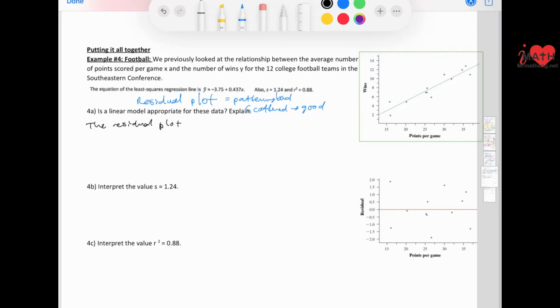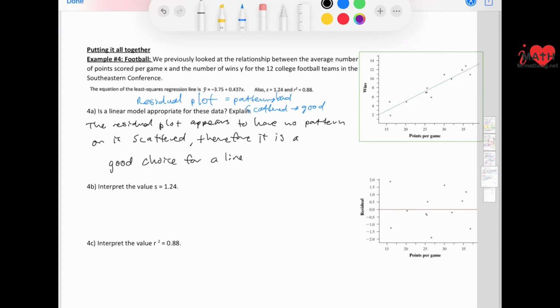So I'm going to say the residual plot appears to have no pattern or is scattered, comma, therefore it is a good choice for a linear model. Or a linear model would be appropriate. Okay?